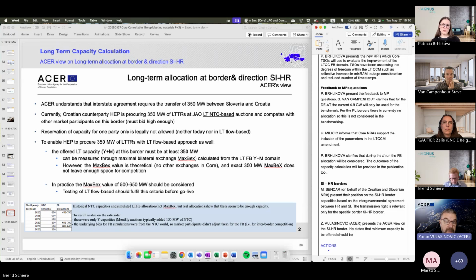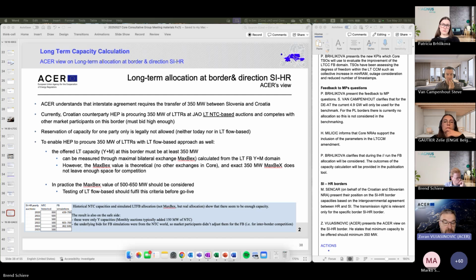So this indeed can be measured through a max BEX value calculated from a yearly and monthly domain, but we are aware of the fact that max BEX value is theoretical, so it can be 350 megawatt. That would mean that nobody else in core does anything else, and there's only one exchange. So this definitely does not leave enough space for competition.